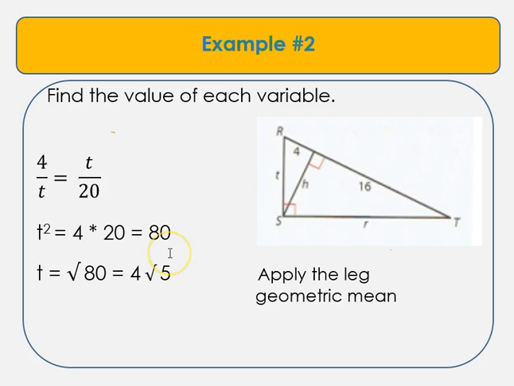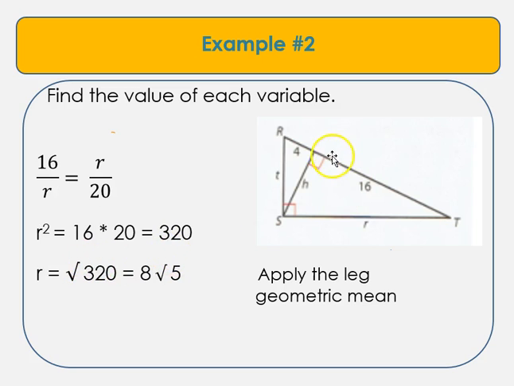Now for the same corollary, we can also have 16 right here, which is the long leg to the hypotenuse of the medium triangle. And that will be compared to the long leg of the large triangle to its hypotenuse. So we have long leg to the hypotenuse of the medium triangle, long leg to the hypotenuse of the large triangle.